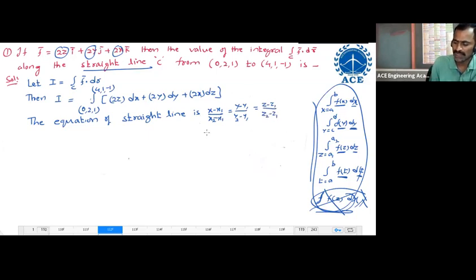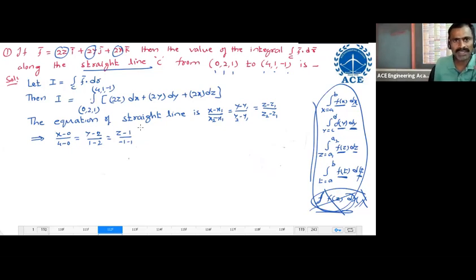This is the equation of the straight line using the 2-point formula. We have x1, y1, z1, x2, y2, z2. Substituting these, we get (x minus x1) divided by (x2 minus x1) equal to (y minus y1) by (y2 minus y1), next equal to (z minus z1) by (z2 minus z1). This is the equation of the straight line.